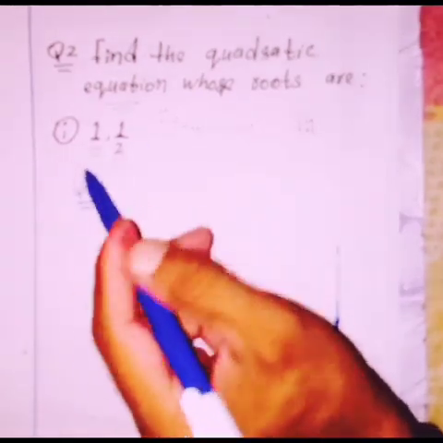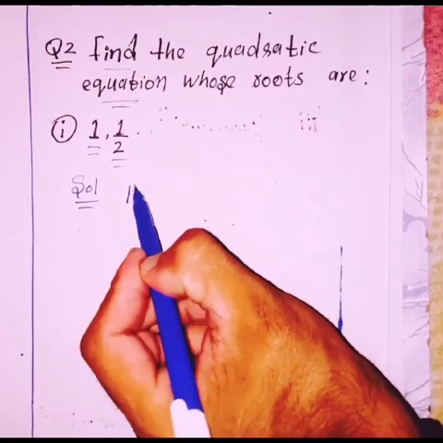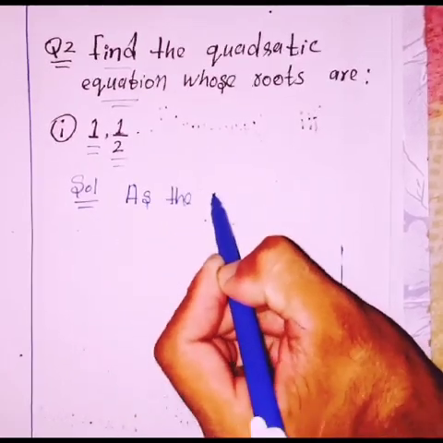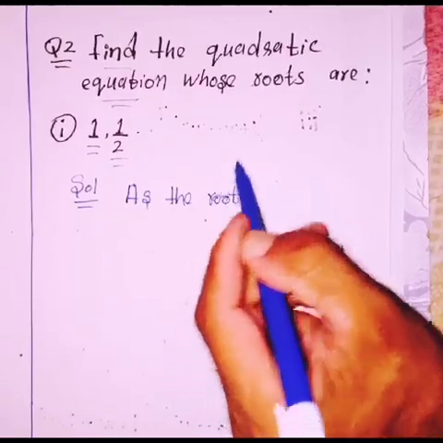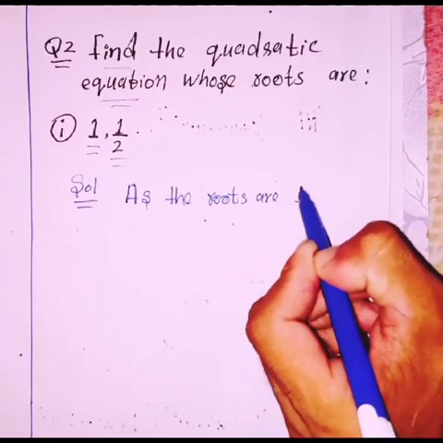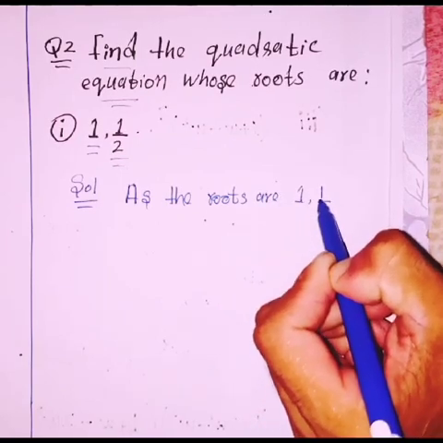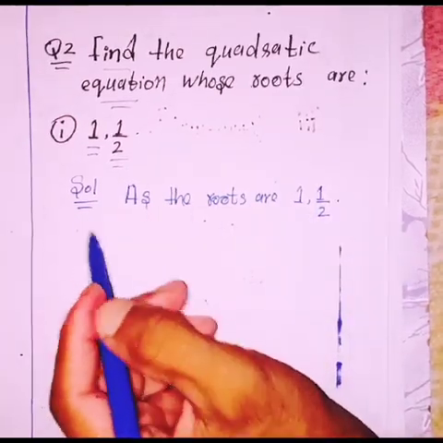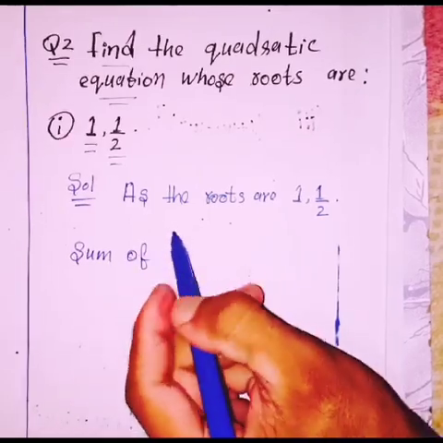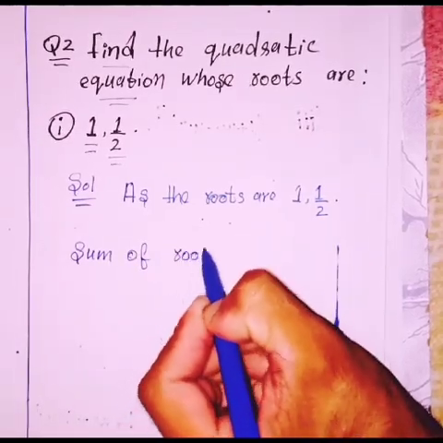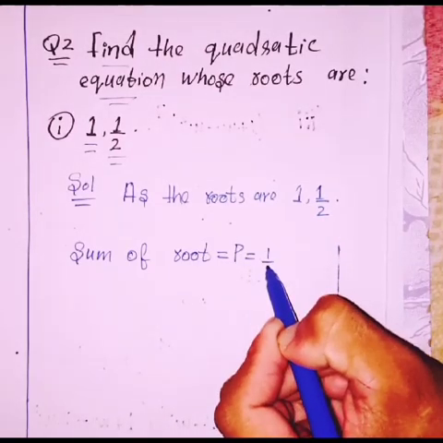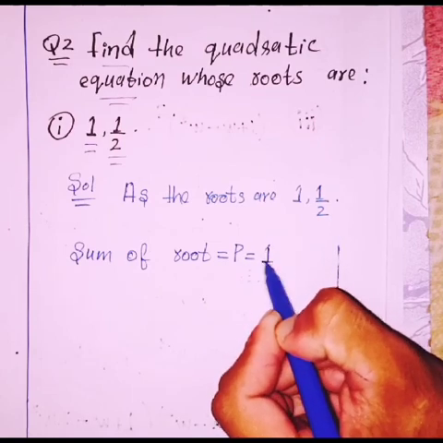So the solution for the given question is: as we know that alpha and beta, the roots, are 1 and 1 divided by 2, we can write the sum of the roots as 1 plus 1 over 2.